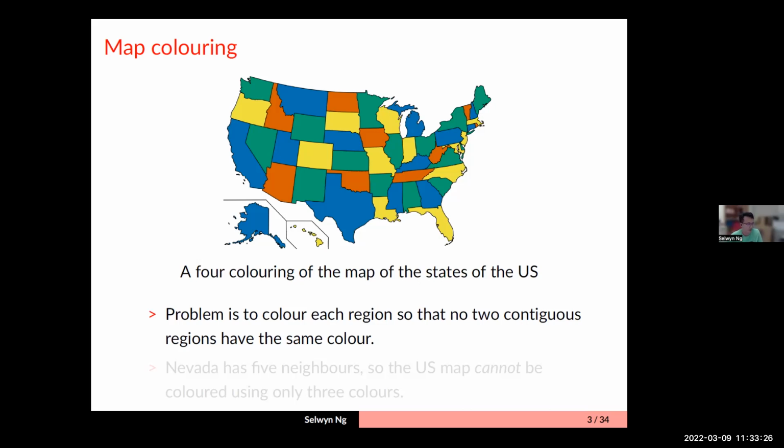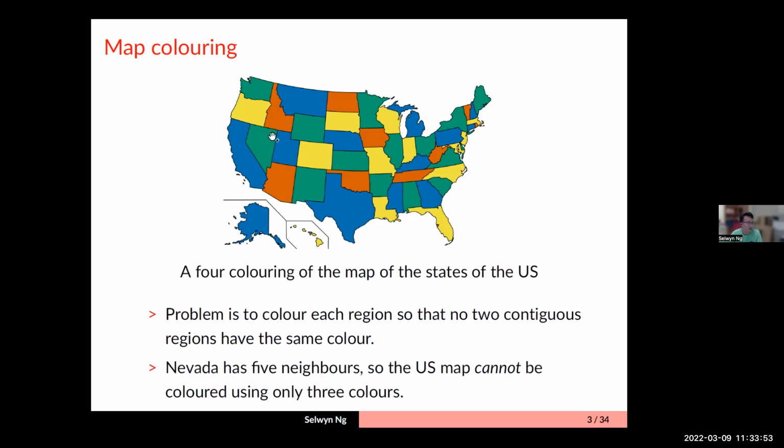In this particular four coloring of the map of the states of the US, if you notice, the state of Nevada, which I think is the state colored green over here, if my geography is sound, actually has 5 neighbors.